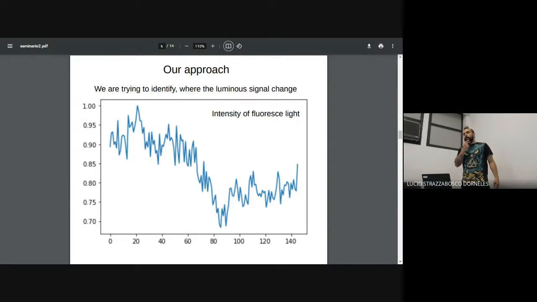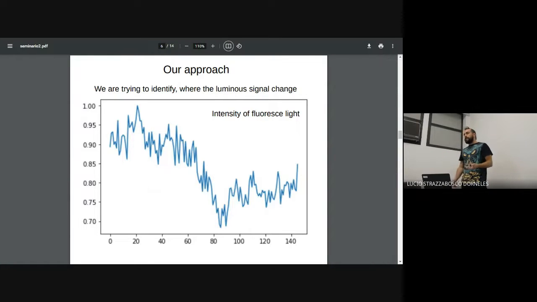And we should find a method to say when the cell starts to prepare for division, like a prelude to division, not when it is dividing, because if the cell is being divided, we can see the area just growing bigger.